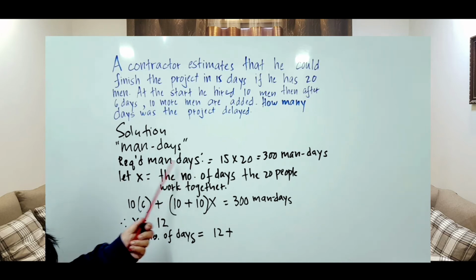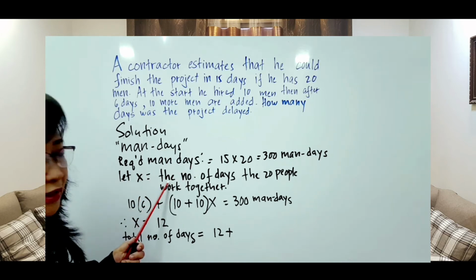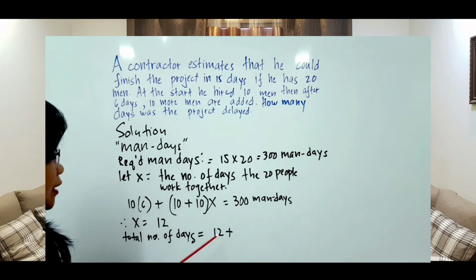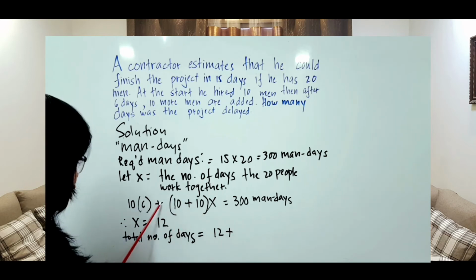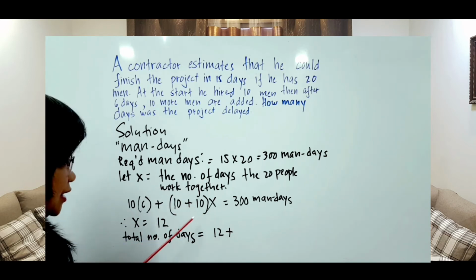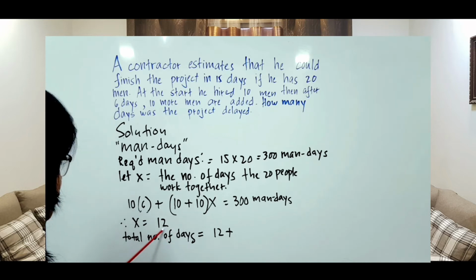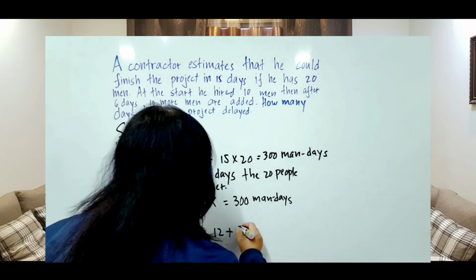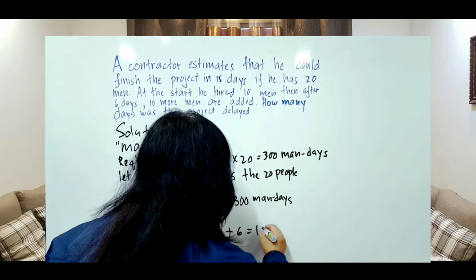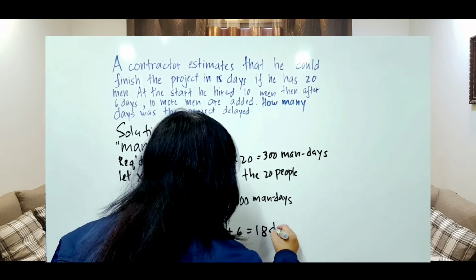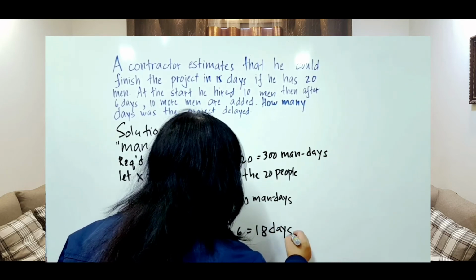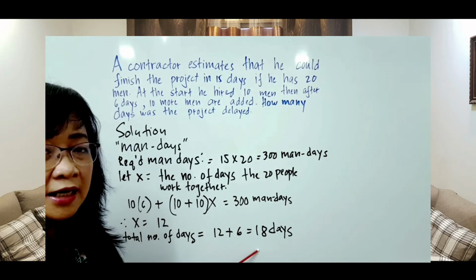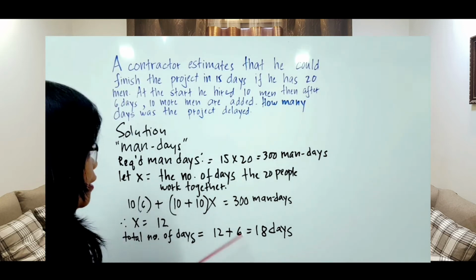Because from the start, there are 6 for 10 people. Now, after that one, when they work together after 6 days, there are 20 people, so it comes to 12. So 12 plus 6 days comes to 18 days. 18 days total till natapos nila yung project.